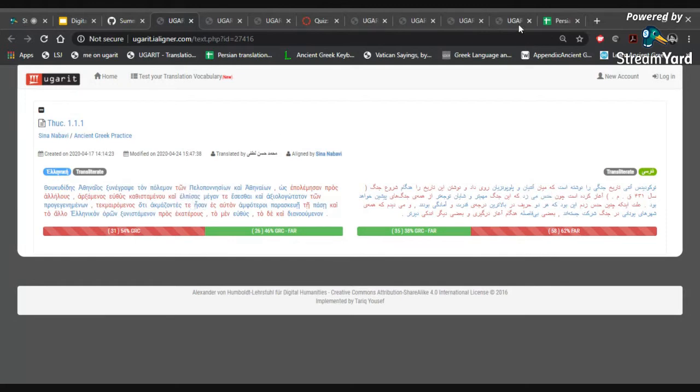Here you see, I have four words with four words in Persian because I don't see any way to align it. Another learner might say, okay, it doesn't have the same meaning, so it doesn't align.